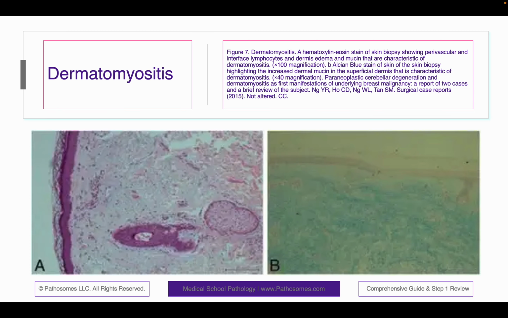And here we have some skin histology showing a hematoxylin and eosin stain with perivascular and interface lymphocytes and dermal edema and mucin, which are characteristic of dermatomyositis. An Alcian blue stain helps highlight some of that mucin that's present in B.